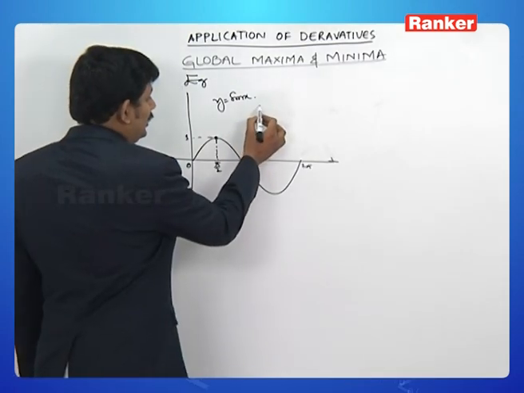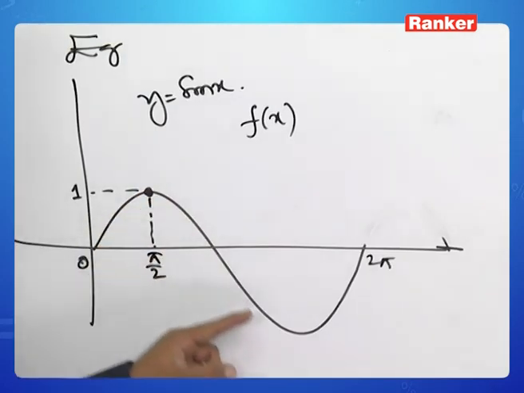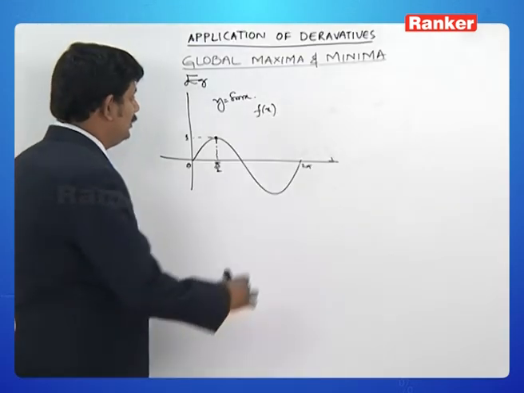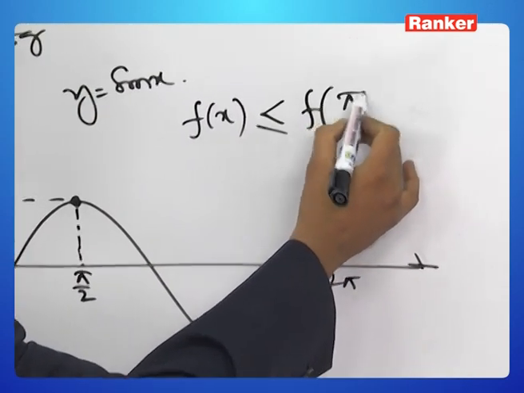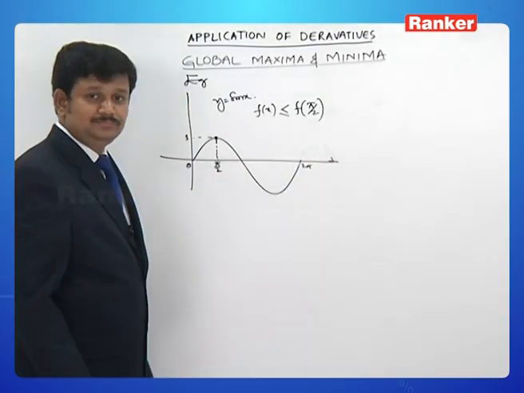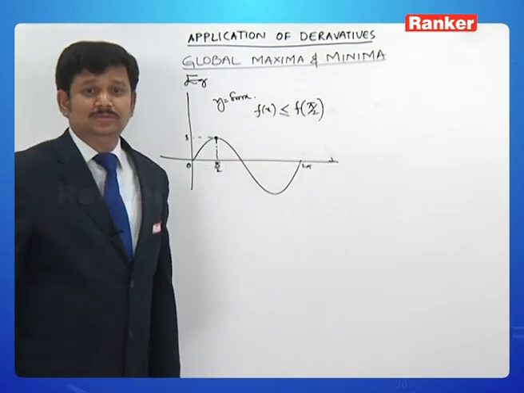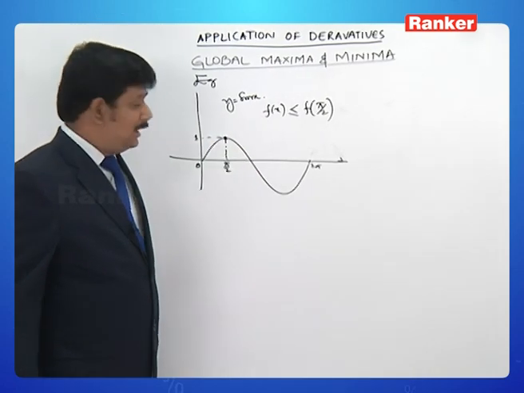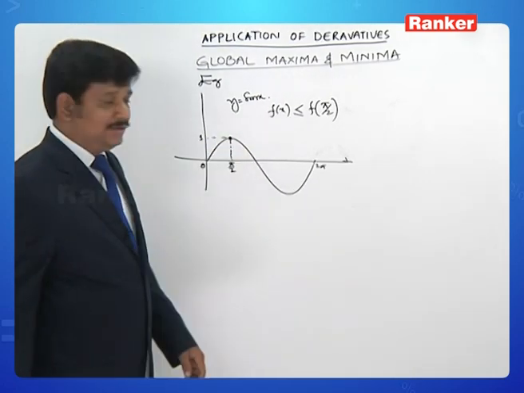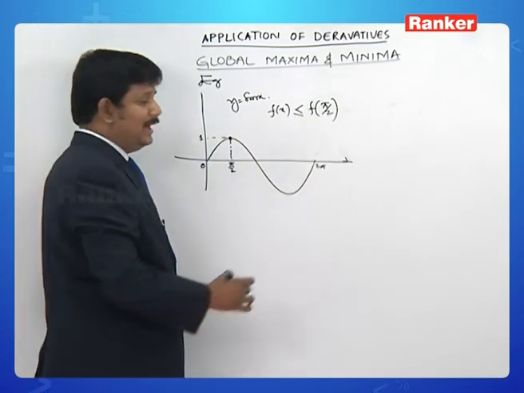Now, f of x for x any point in the interval 0 to 2 pi, we know it will either be smaller than or equal to f of pi by 2. F of pi by 2 is 1. Sin x will always be less than or equal to 1. Equality holds at pi by 2 in this particular interval 0 to 2 pi, and everywhere else it is an inequality. So, pi by 2 qualifies to be a global maximum.